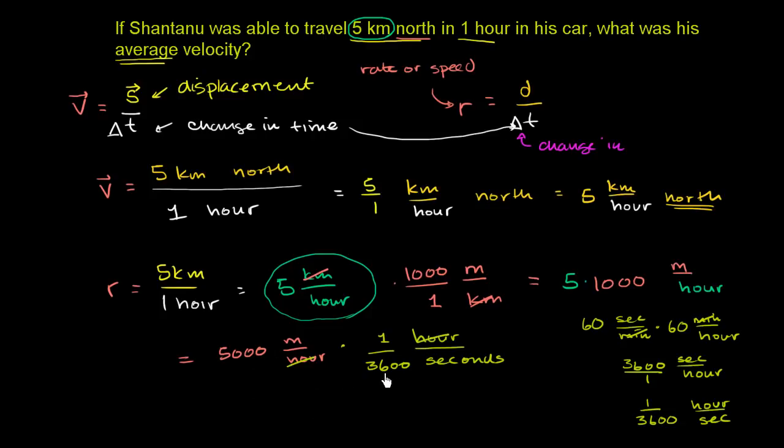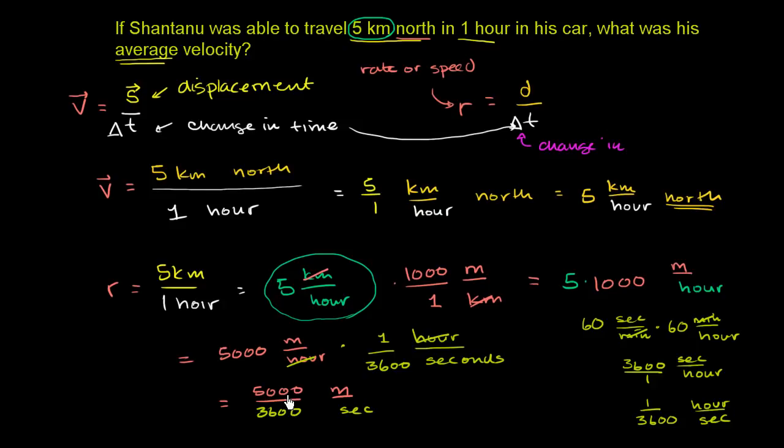And then you multiply or appropriately divide the numbers right here. And you get 5,000 over 3,600 meters per, all you have left in the denominator here is second. Meters per second.